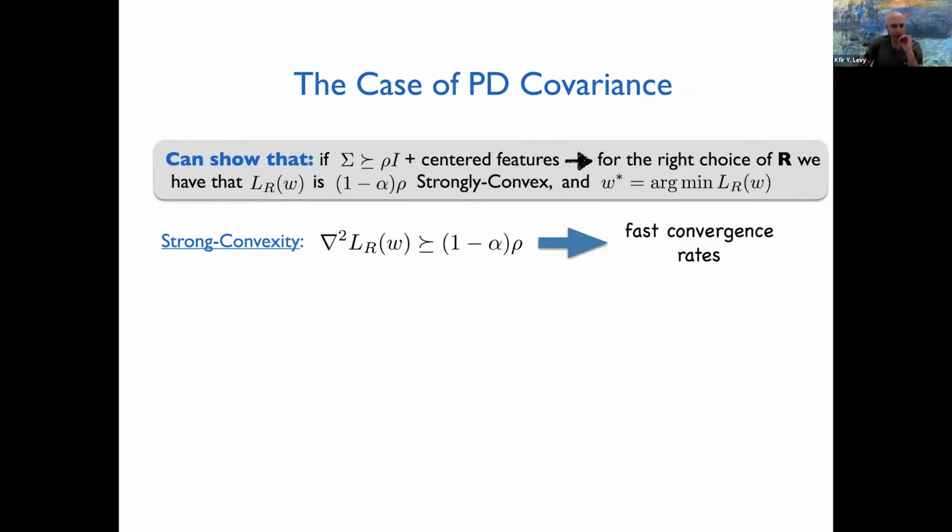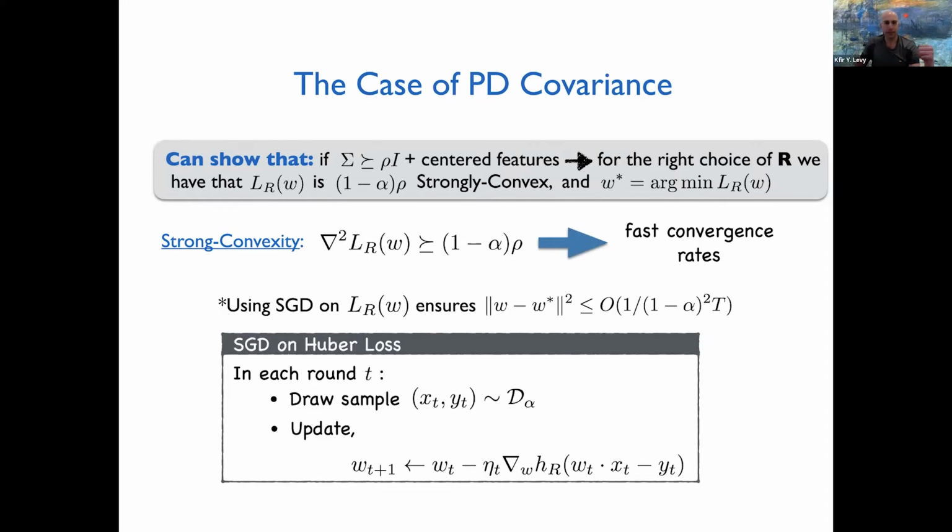For those who don't know this notion, strong convexity of L R of W means that its Hessian is positive definite, and the smallest eigenvalue of the Hessian is bounded from below by 1 minus alpha times rho. And this strong convexity allows us to obtain fast convergence rates to the optimal solution.